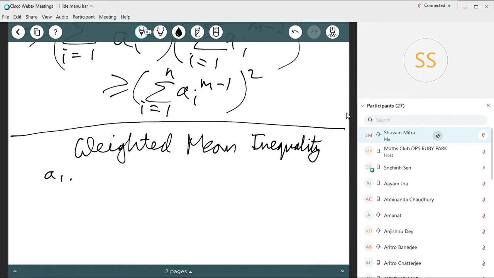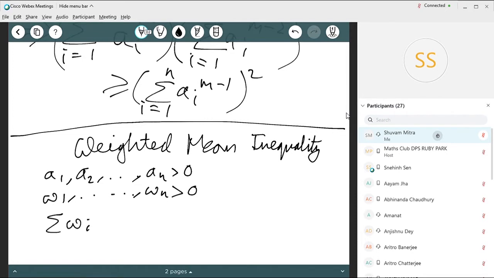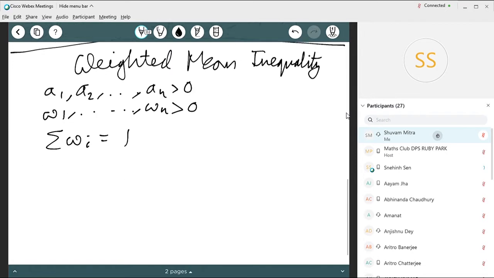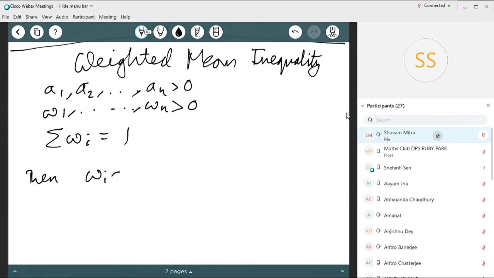a1, a2, ..., an are greater than 0 and w1, w2, ..., wn are also greater than 0, reals all, and the sum of wi is equal to 1, then the sum of wi ai is greater than or equal to the product, where for sum we use capital sigma, and for product we use capital pi, of ai to the power wi.